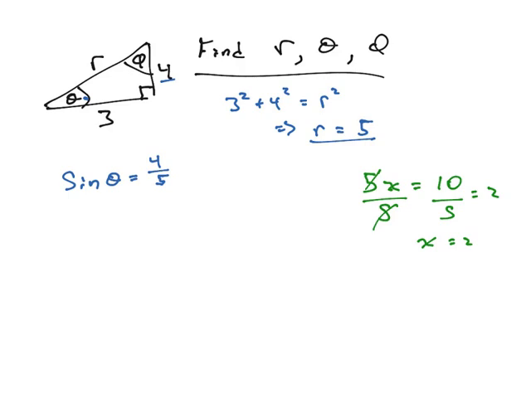We had 5x is equal to 10. I wanted to get rid of the 5 because I wanted x by itself. In order to get rid of the 5, I have to do what's called the inverse operation.